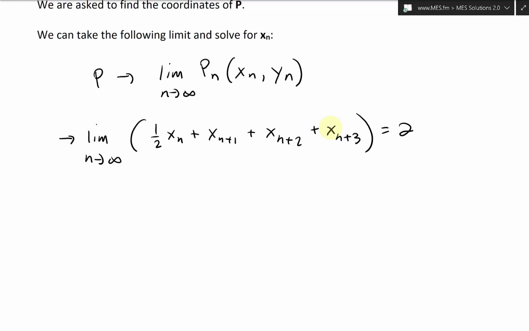Now we use our limit rules and write this as separate limits.